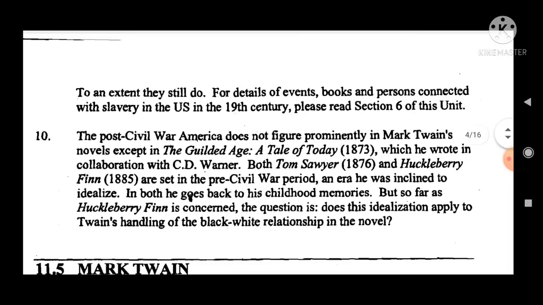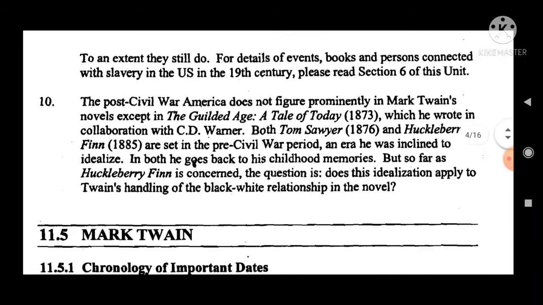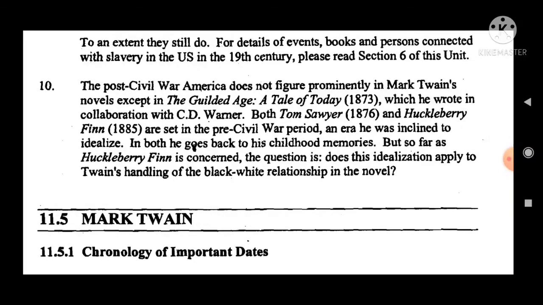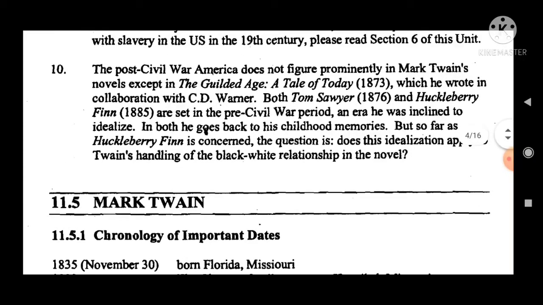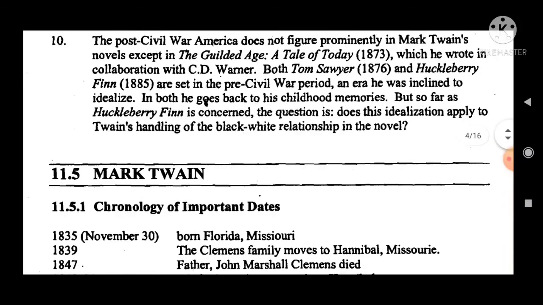For details of events, books, and persons connected with slavery in the US in the 19th century, please read section 6 of this unit. The post-World War America does not figure prominently in Mark Twain's novel except in The Gilded Age, A Tale of Today, 1873, which he wrote in collaboration with C.D. Warner.